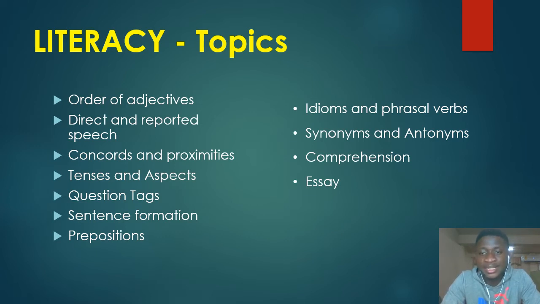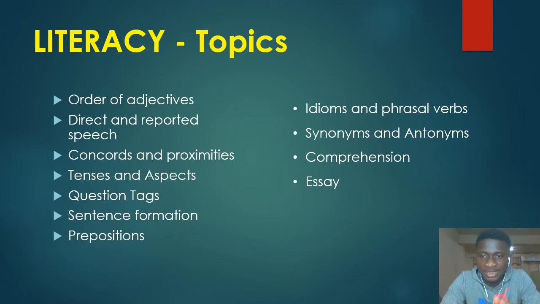Under tenses, we have the present tense, the past tense, and the future tense. You're looking at the tenses individually, so you cover about 12 different tenses. After you're done with all the 12 tenses, no matter the question I give you, you would be able to answer very well, and you can expect not less than 4 questions from tenses in the exam.